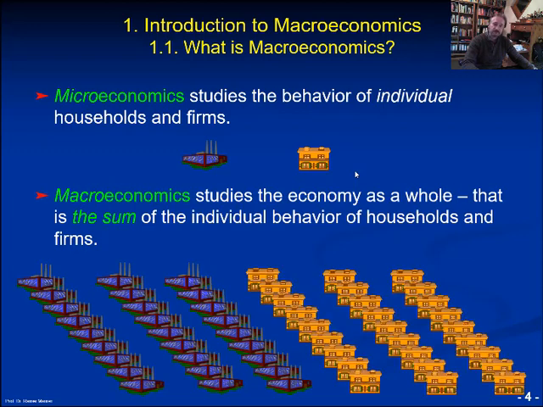The same way we deal with the household sector. Here we add up the demand, the income, the labor supplied, the savings supplied of all households together. So we deal in macroeconomics not with single economic agents, but with aggregates.